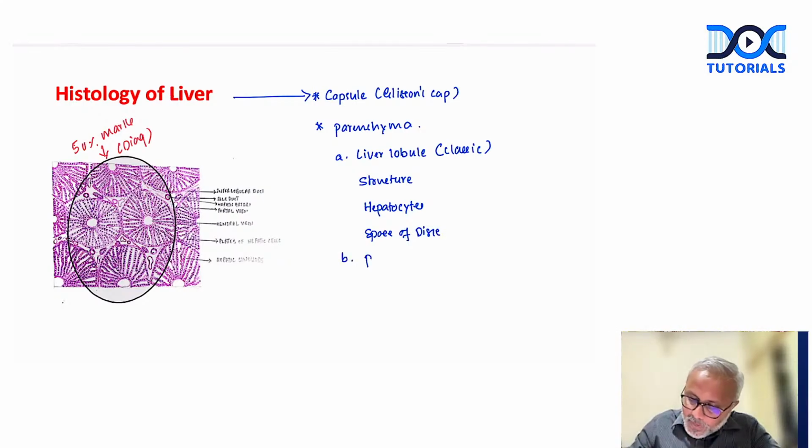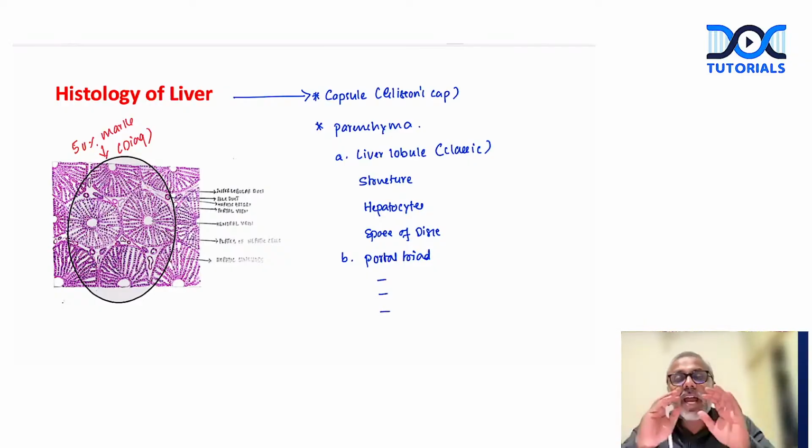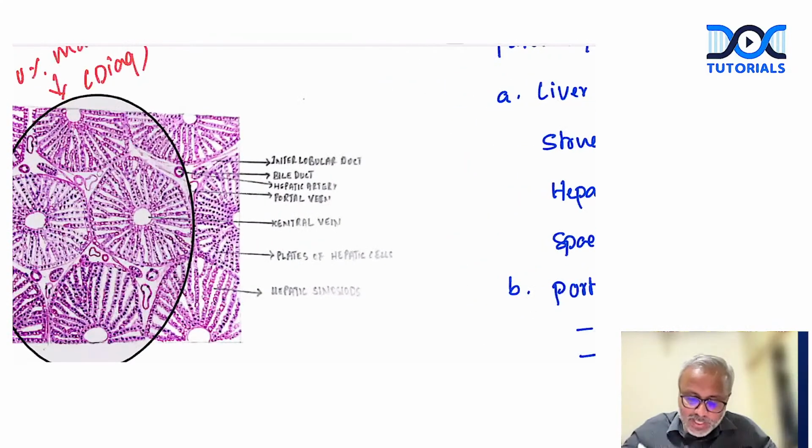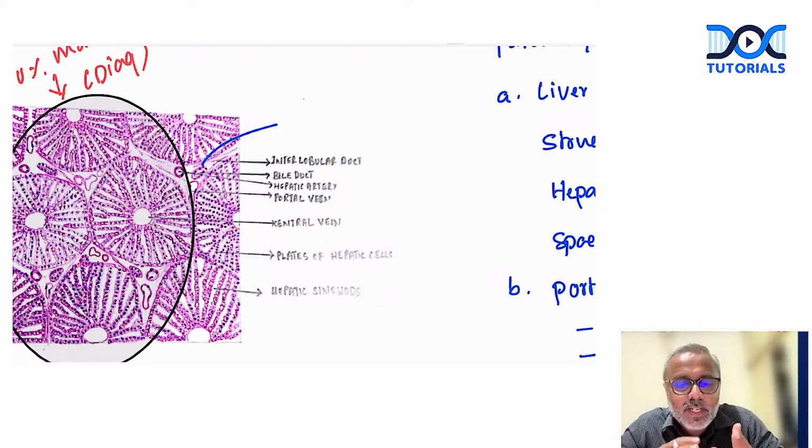Then once you start describing the portal triad, name all three structures and how you identify them. For example, here itself, what do we have? This is the portal triad. In the portal triad, we have the hepatic arteriole, then the branch of the portal vein or portal venule, and the bile ductule.